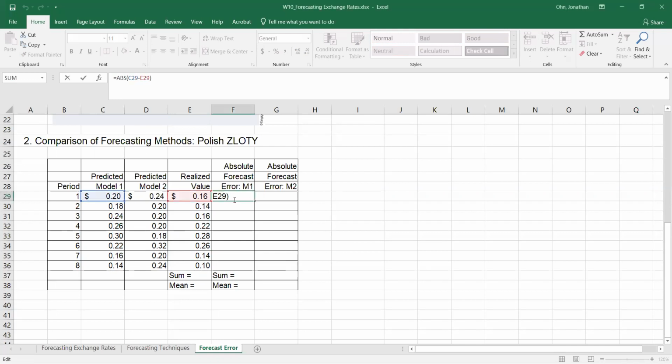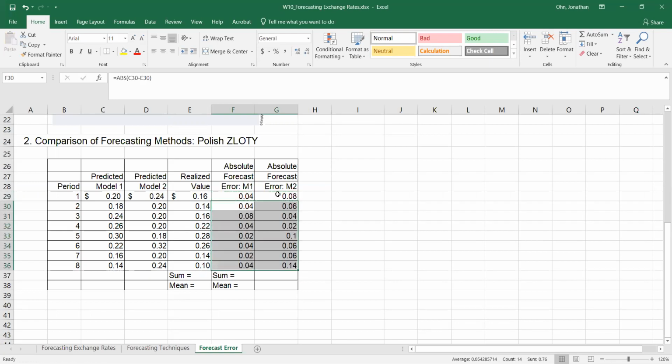This one just gives you the absolute value of the forecast error, and for model 2 it is the forecast minus the realized value. Once you did that, you could copy and paste.